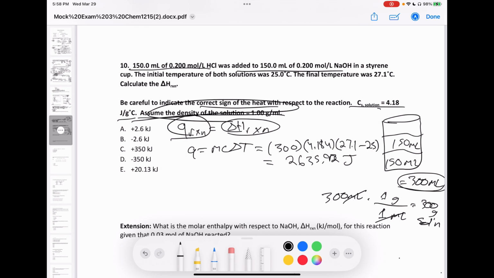Because the units for the specific heat were joules per gram Celsius, and once the grams and the Celsius cancel out, we're just left with joules.